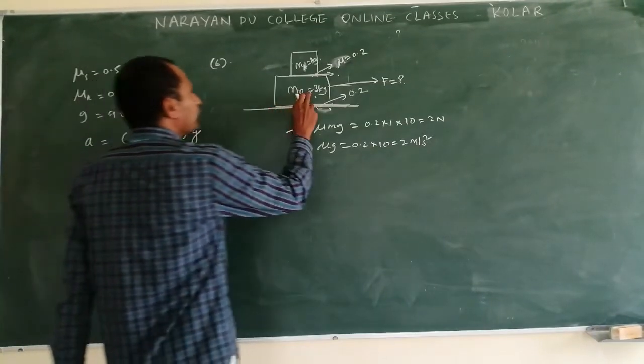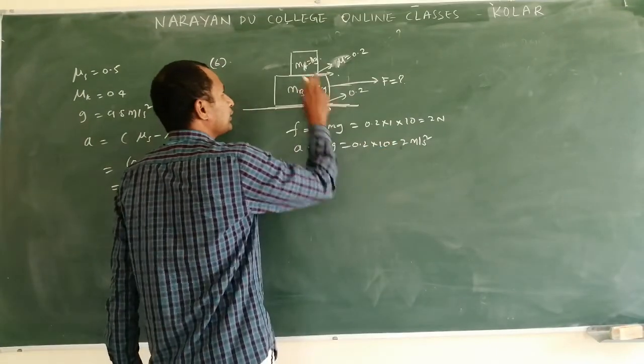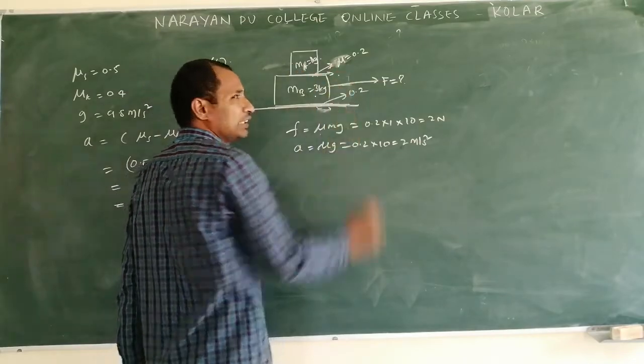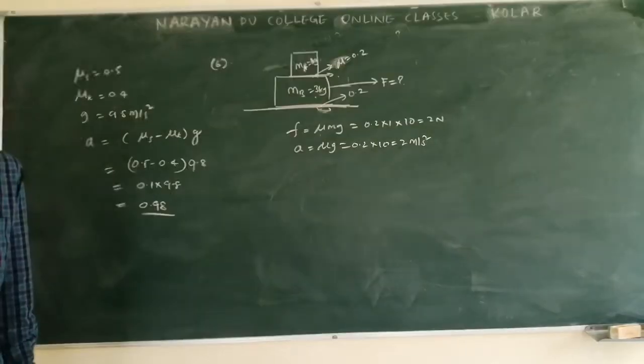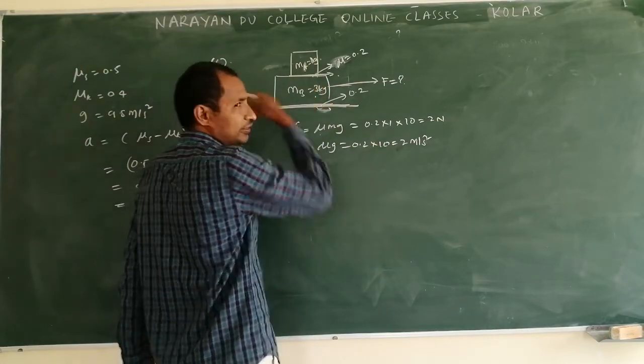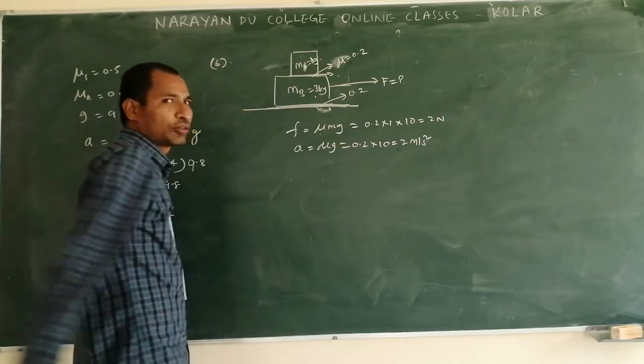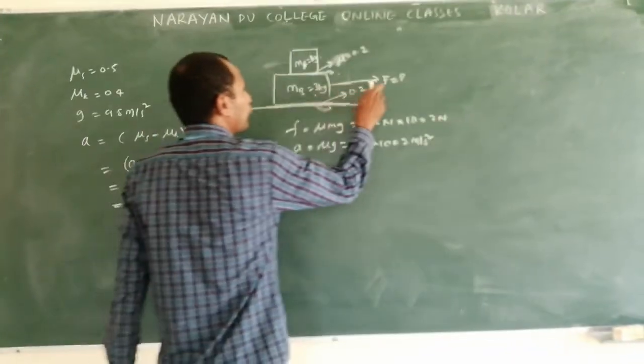Clear? If this object is accelerating less than 2 meter per second square, then this mass moves along with B. If it accelerates more than this, then what happens? It slides down, means it moves along with B but will slip back. Clear? Now we are applying the force F.